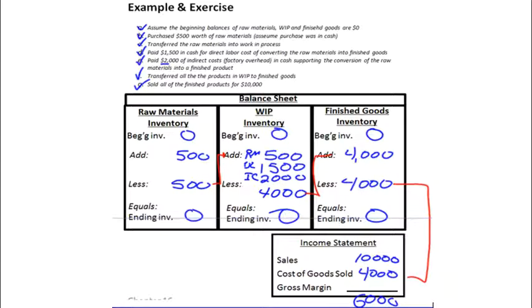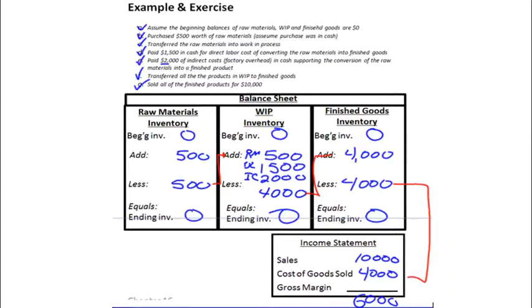Now, what I have here is the last slide that we did review in our last class. This was an example of how value, or if you will, cost, flows through the balance sheet, raw materials, work in process, and finished goods accounts, and then eventually ends up in the income statement under cost of goods sold.